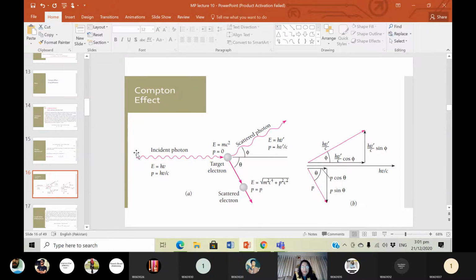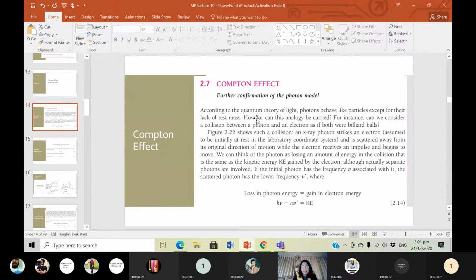We've been talking about particle properties of waves, and we are interested in the scattering of X-rays when it strikes an electron. So basically this tells us about the particle nature of the photon. Why is it significant for us? Because it tells us about the particle nature of light.